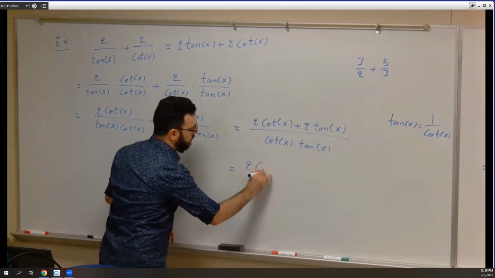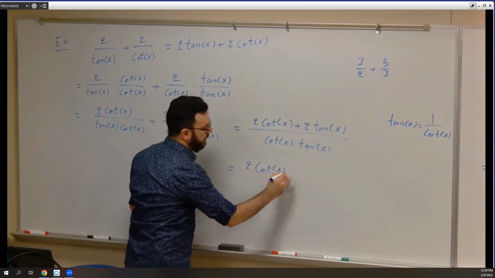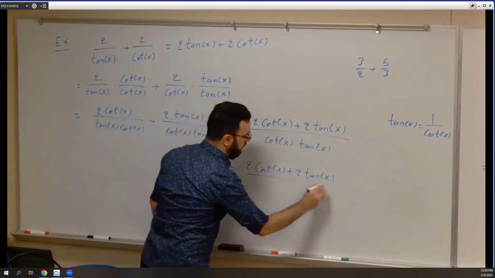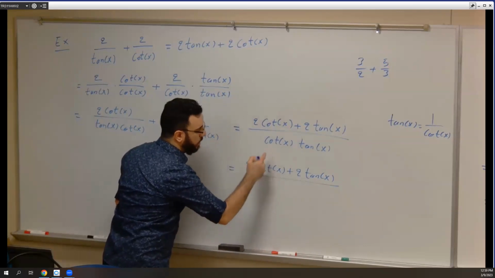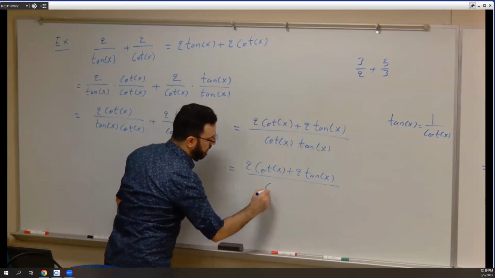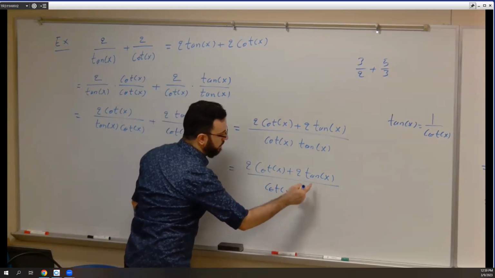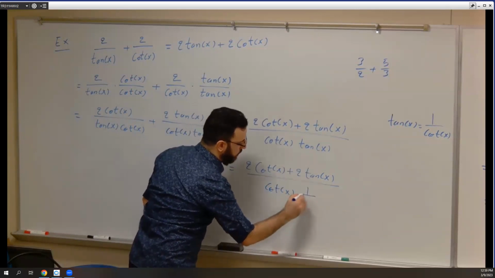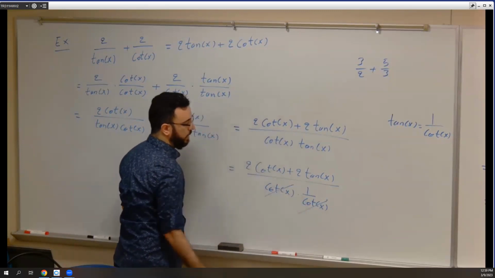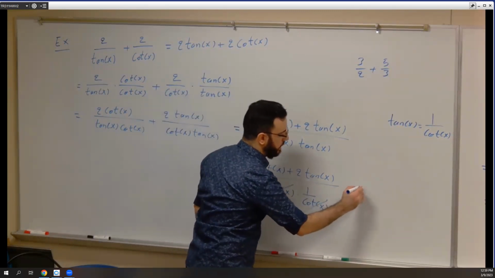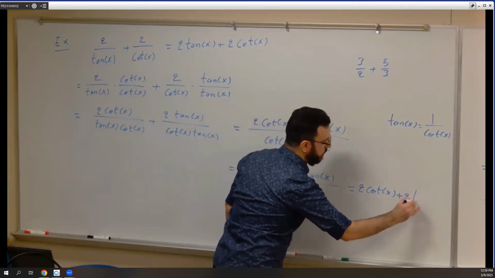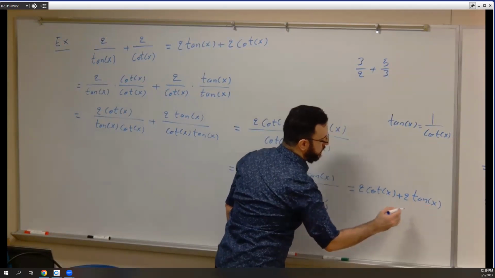It's going to be 2 cotangent x plus 2 tangent x over cotangent times the tangent, which is 1 over cotangent x. Now cancel these. What's left here? 1. Actually, the result is going to be 2 cotangent x plus 2 tangent x.